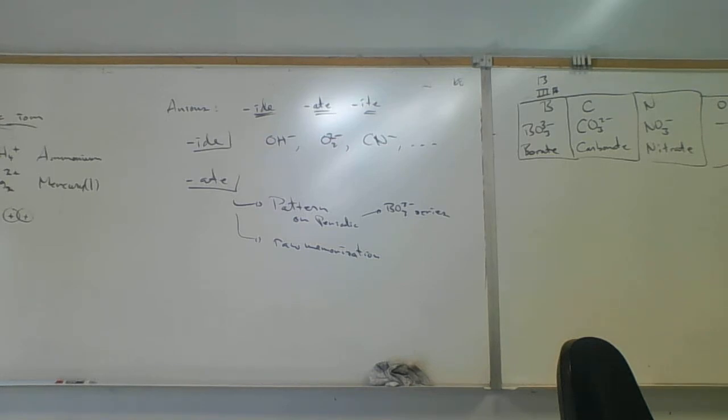Br, how many oxygens? 3 oxygens. What's the charge? Negative. And finally, iodine. Tell me about iodine. IO3 minus, and then what would it be called? Iodate.